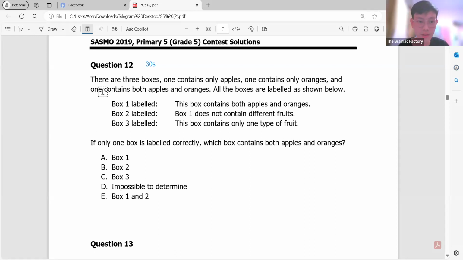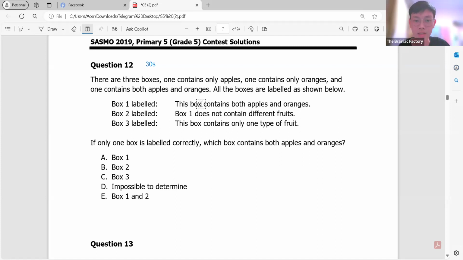So the question 12, there are three boxes. One contains only apples, one contains only oranges, and one contains both apples and oranges. All the boxes are labeled as shown below.